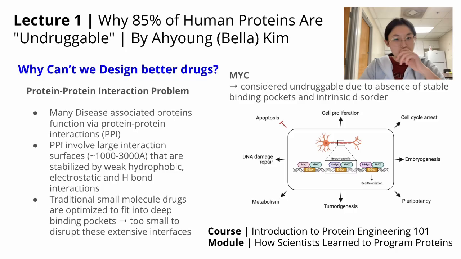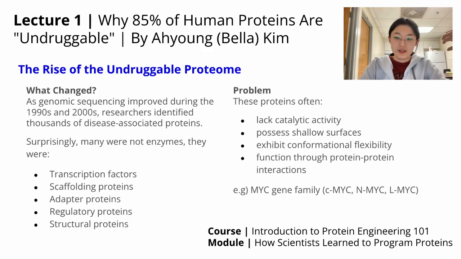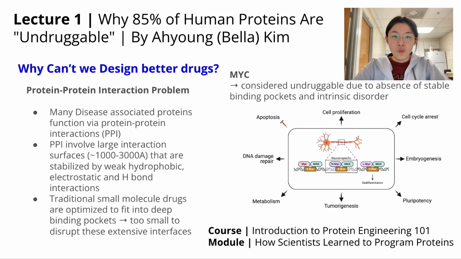So why can't we just design better drugs in order to target these proteins that tend to exhibit less catalytic ability or less defined geometry? Well, the issue is that many of these disease-associated proteins function by protein-to-protein interaction. And many PPIs tend to involve large interaction surfaces, ranging from 1,000 to 3,000 Å², and these are stabilized by weak hydrophobic, electrostatic, and hydrogen bond interactions.